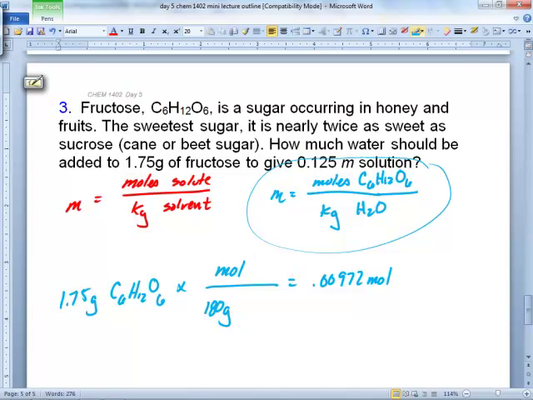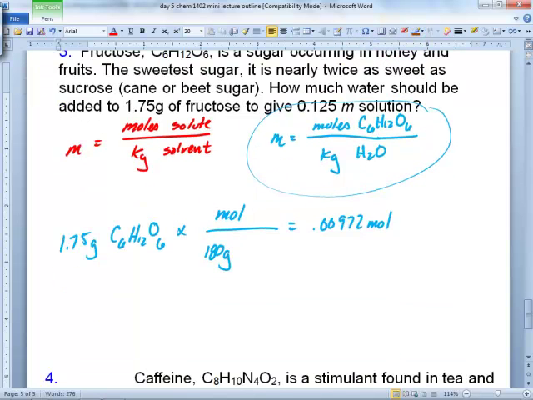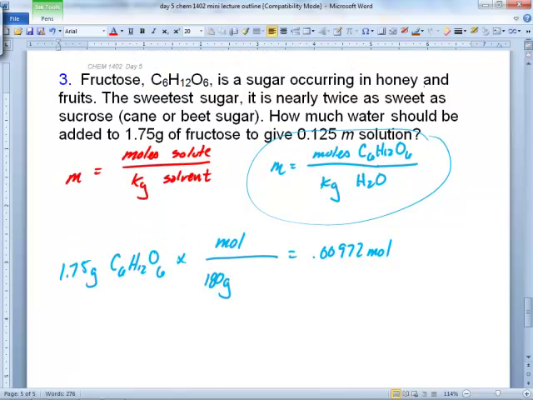So we know how to plug him in for moles. So my little m is what number? My little m for 0.125. 0.125 has to equal 0.00972 all over kilograms of water. Solve for kilograms of water, and we'll have it. Yeah, exactly. Divide the 0.00972 by 0.125.